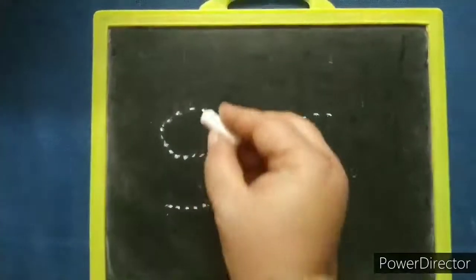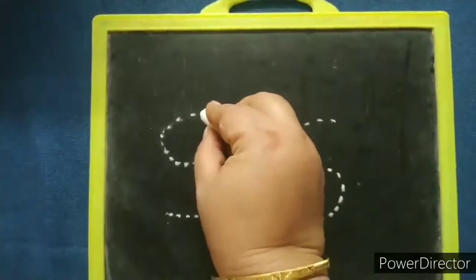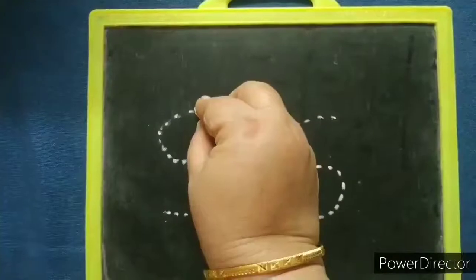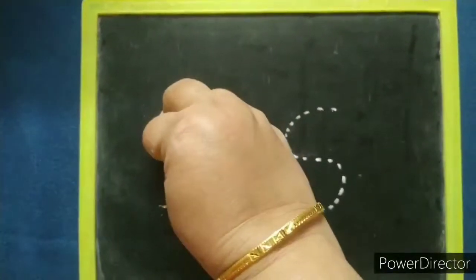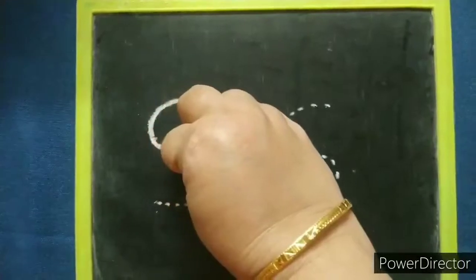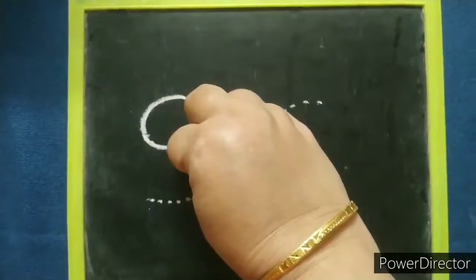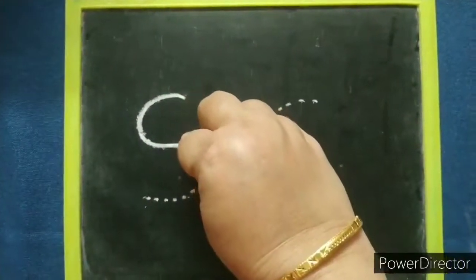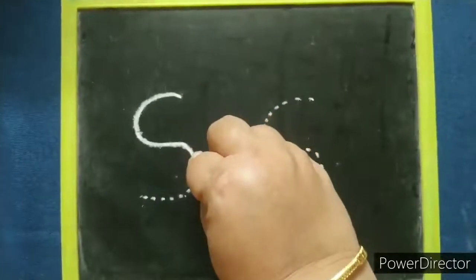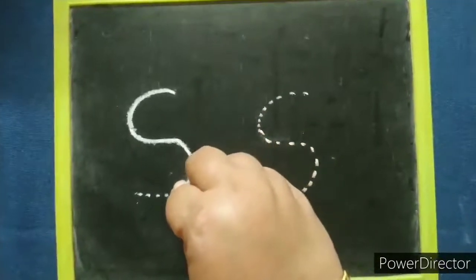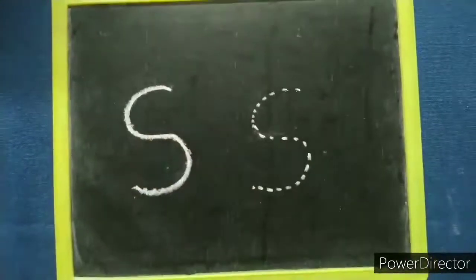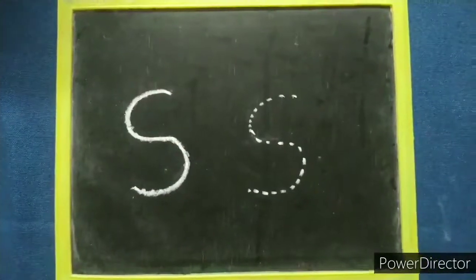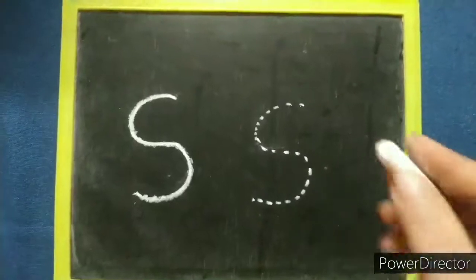Now start from the top, then make a C curve. Slowly. After that, do not lift your hand and make a reverse C curve. Yes, see, our S pattern is ready.